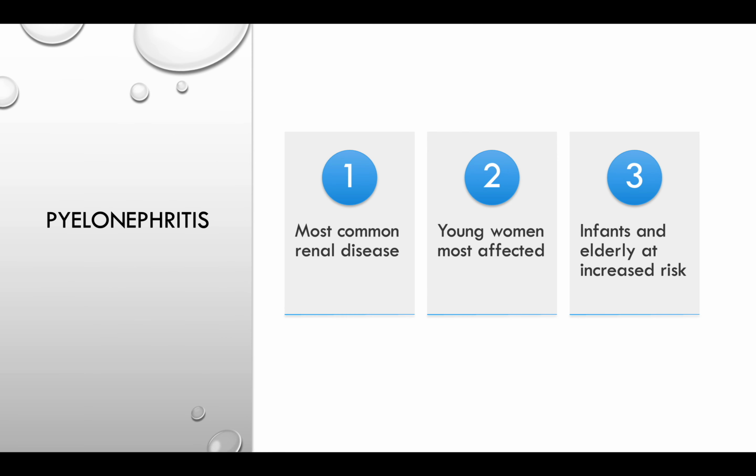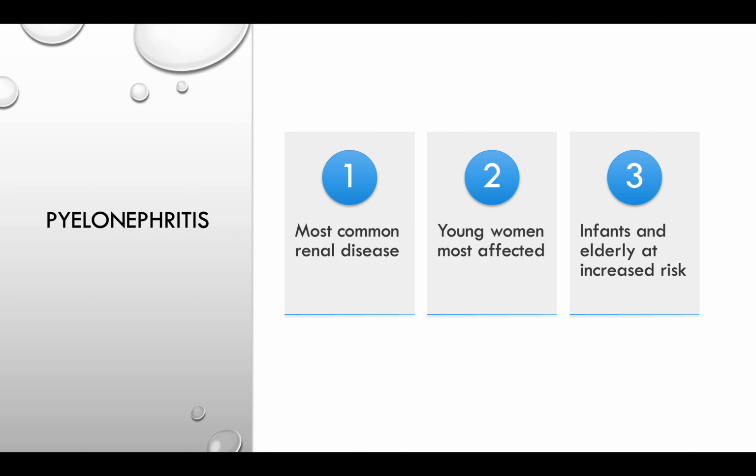So we'll kind of move up the chain of the urinary tract and talk a little bit about pyelonephritis. So pyelonephritis is actually the most common of the renal diseases.